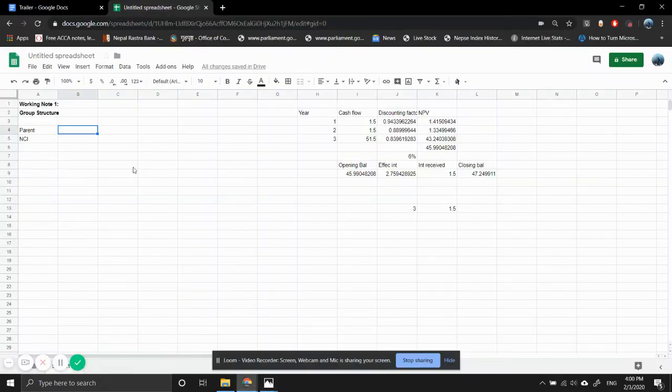Let's write that down first: 60 and 40, in percentage. Then working note 2, calculation of net assets of subsidiary, and then working note 3, calculation of goodwill.